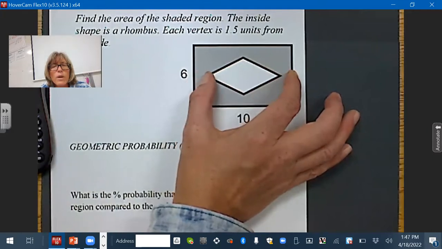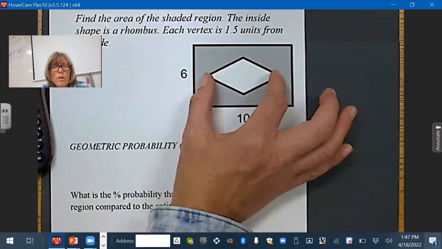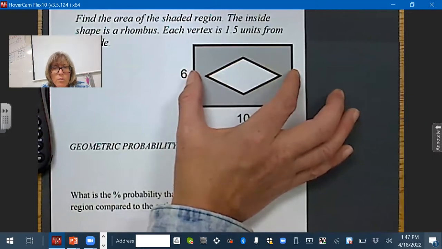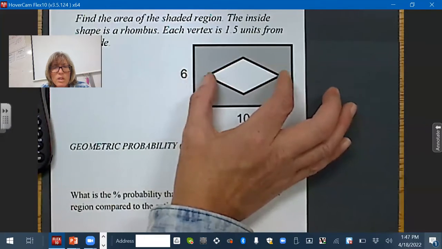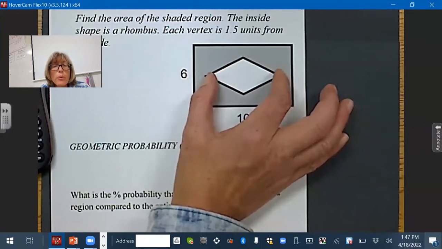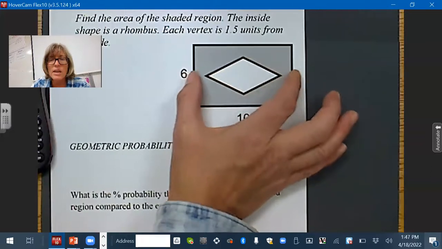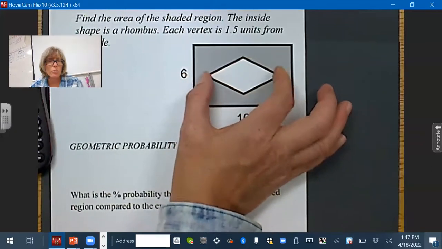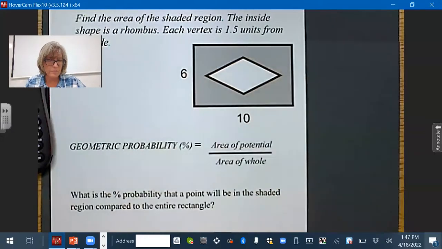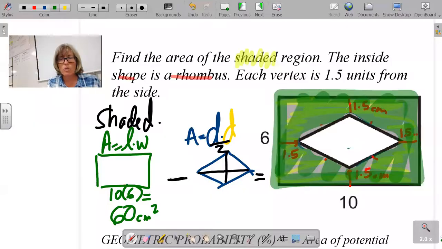Go in 1.5, go in 1.5. Both of these are 1.5, which means we are going in 3 units total, which means this length here is going to be 10 minus 3. So that means our one diagonal is 7 units.